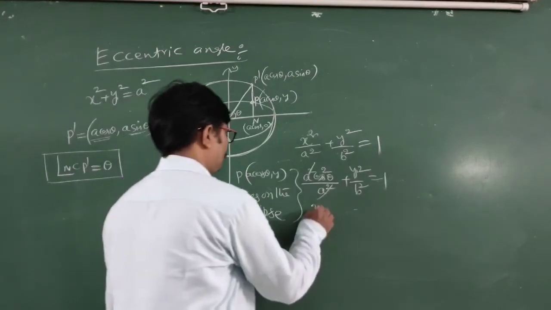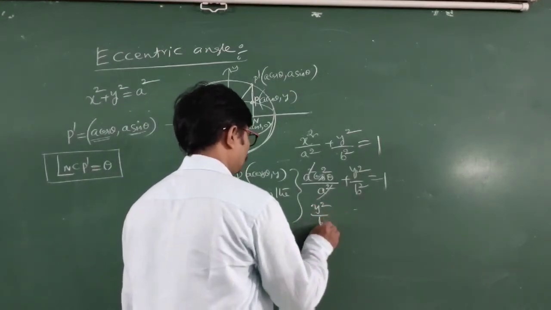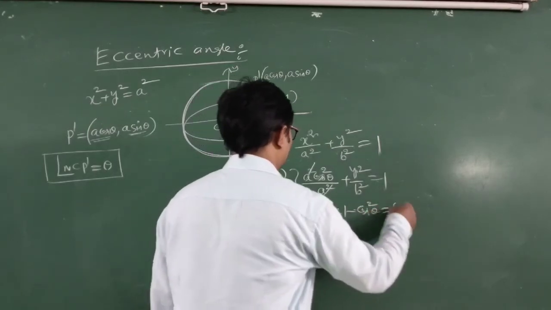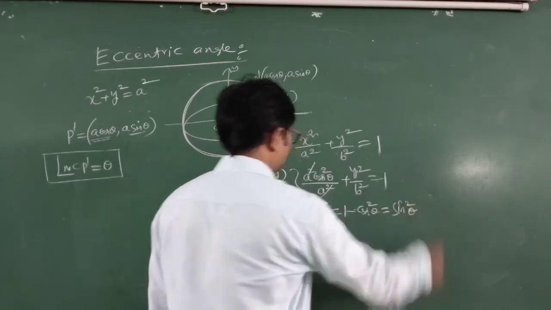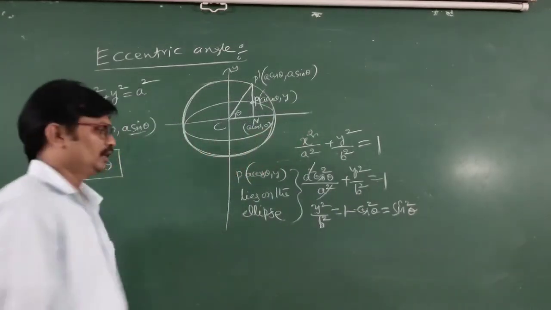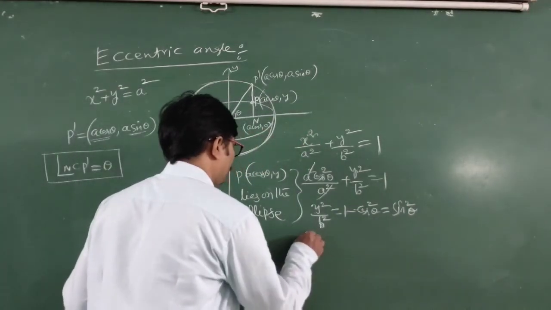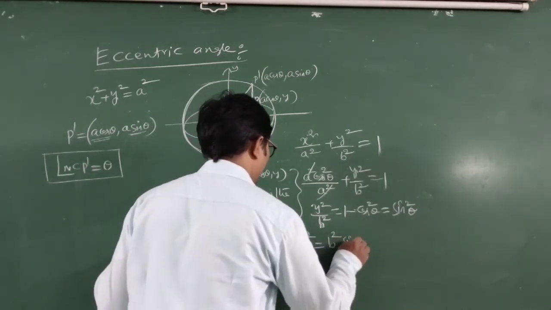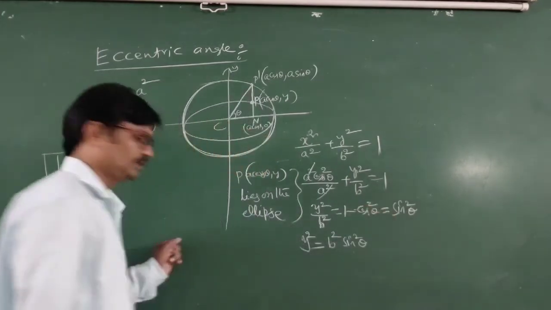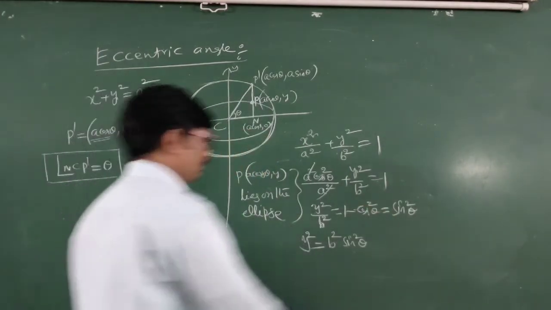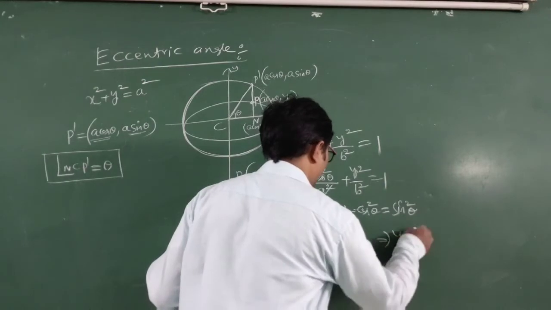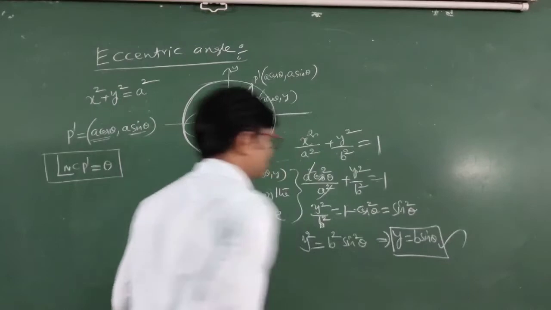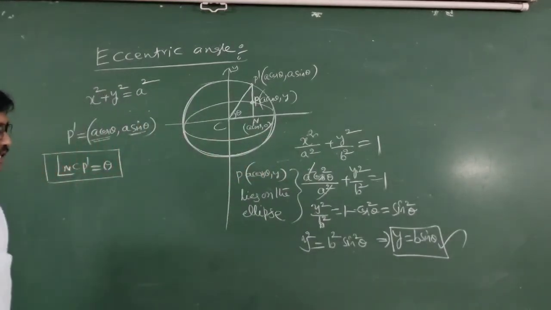Now y square by b square equal to 1 minus cos square theta, which is sin square theta. We can write y square equal to b square sin square theta. My dear students, y equal to b sin theta.